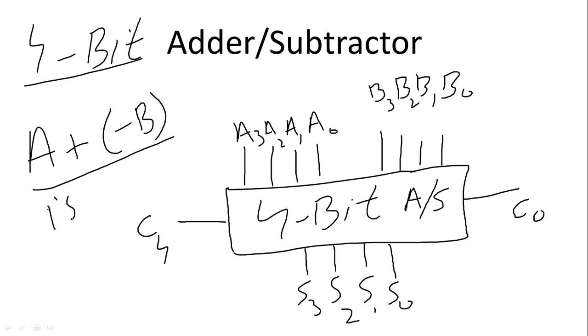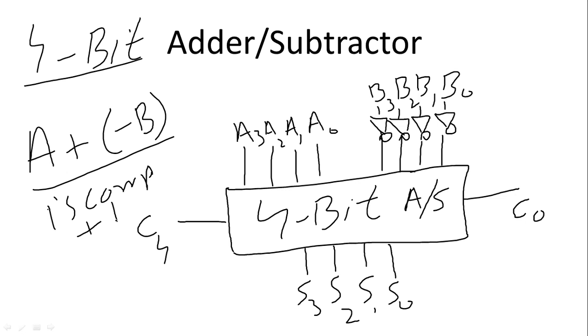And there are two steps to perform 2's complement. First, 1's complement. In 1's complement, we will inverse all the bits. So let's say we attach a NOT gate for all B bits. In this case, all the bits will be inverse, and now we will need to add 1.